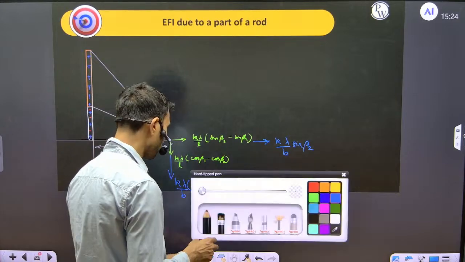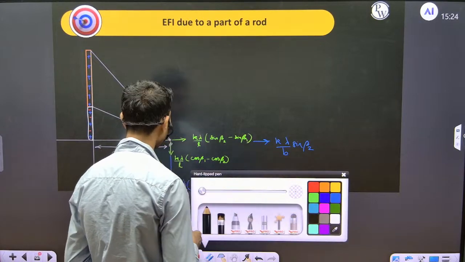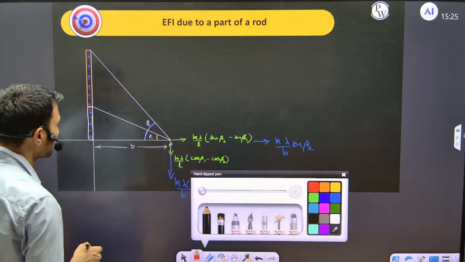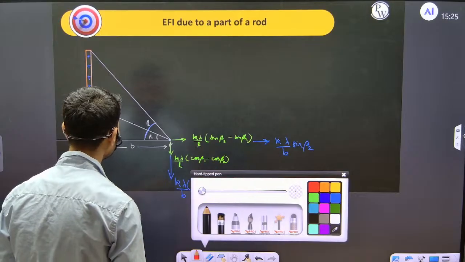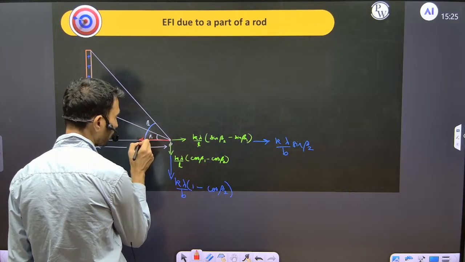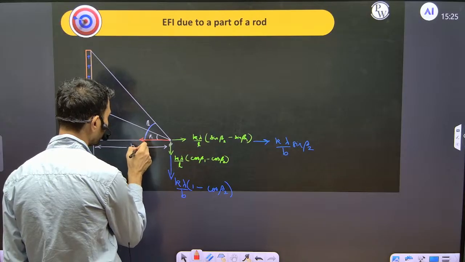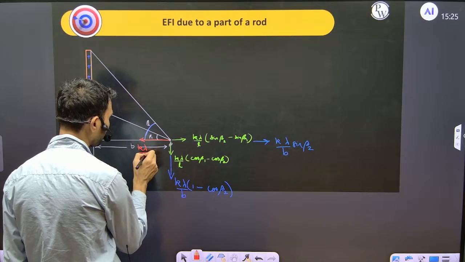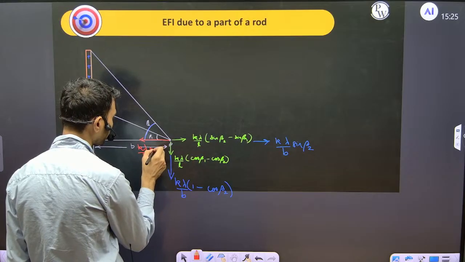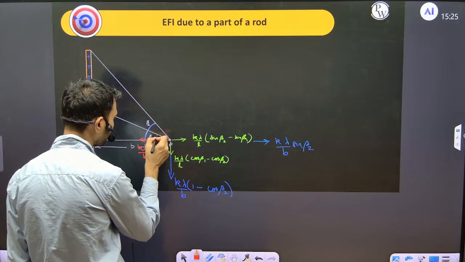And now let's talk about the red part, which is a negative charge, and the electric field will be in the x direction towards it. How much will it be? K lambda by b into sine of beta 1.